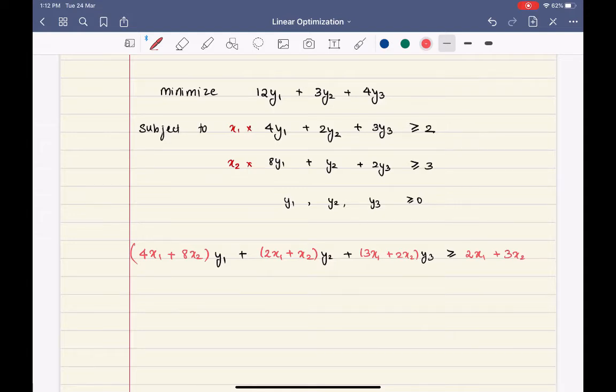Now this, we can write as long as x1 and x2 are bigger than or equal to 0. Okay, now note that we want to minimize this quantity.